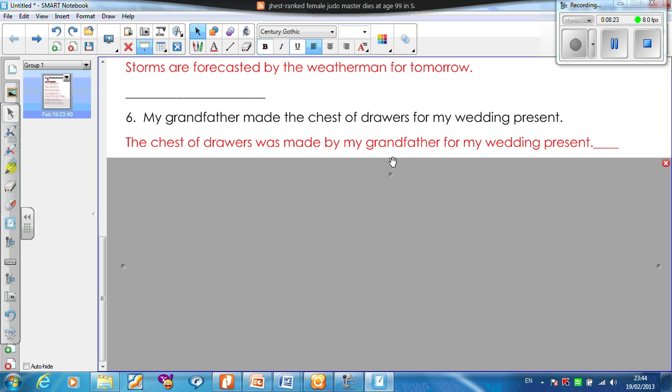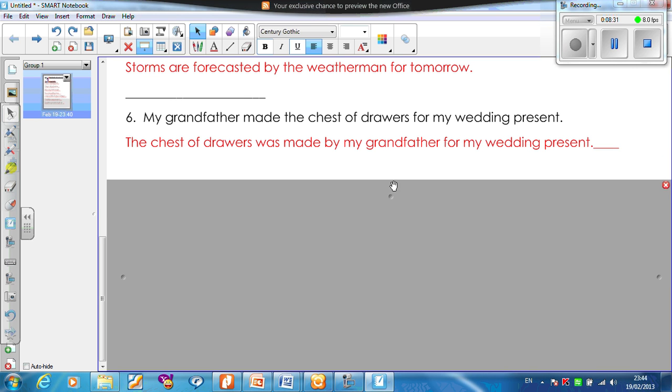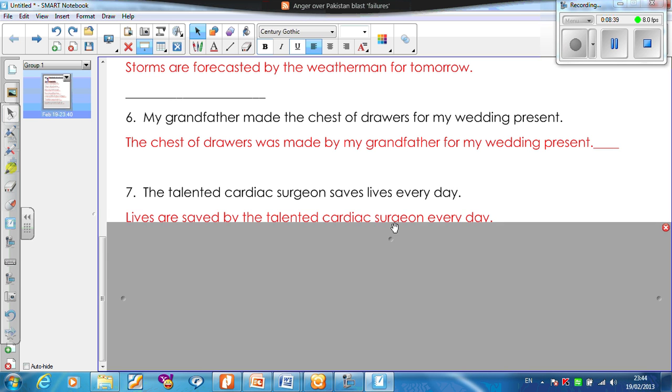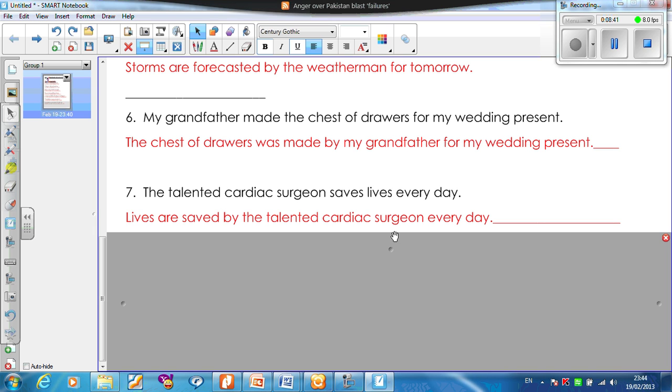The chest of drawers was made by my grandfather for my wedding present. The talented cardiac surgeon saves lives every day. Lives are saved by the talented cardiac surgeon every day.